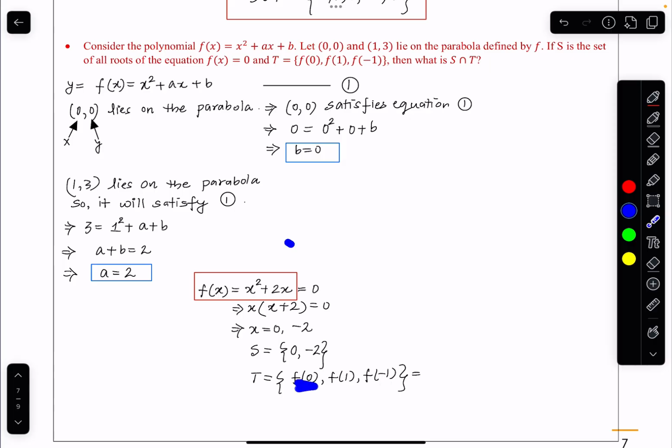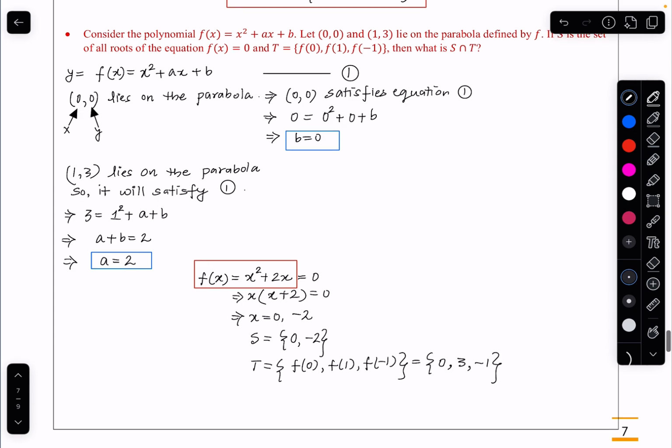When I put x equal to 0 here, I have 0 plus 0, which is 0. So the first element f(0) is 0. Now f(1): when I put x equal to 1, it would be 1 plus 2, that would be 3. And lastly, when I put x equal to minus 1, this would be 1 and this would be minus 2. 1 minus 2 would be minus 1, and this is what T is going to be.